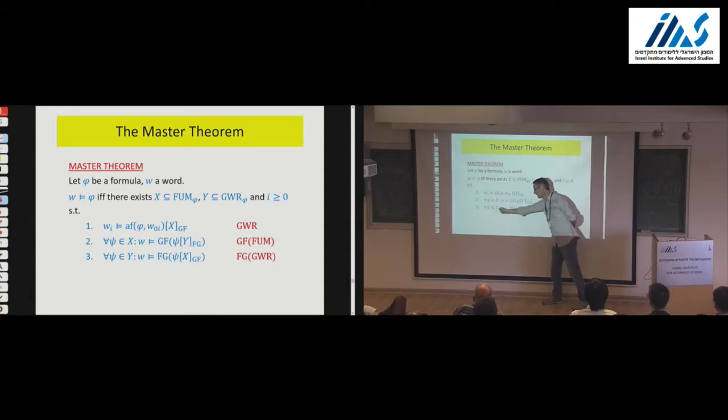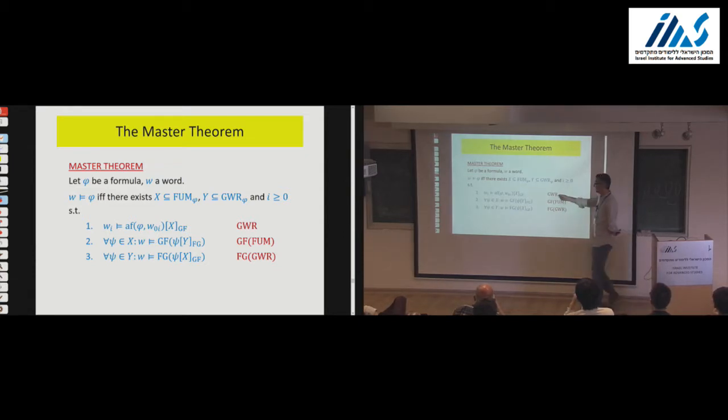You can check that the y's hold from some point onwards using the advice from x. And there is no circularity here, because you are always going below in the subformula order. And moreover, you can check that wi satisfies the formula that you have to check in order to check phi, but after using the advice x. So this is what we like to call the master theorem.